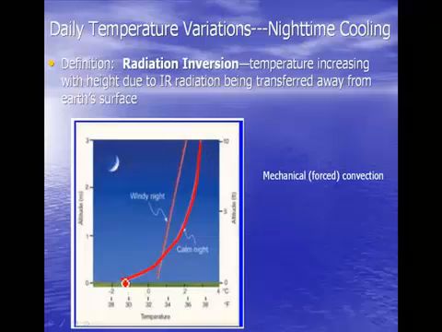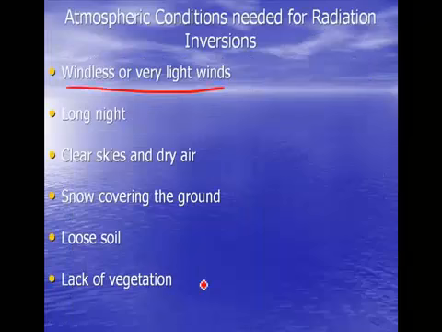Notice the temperature changes here at about 29 degrees Fahrenheit at the surface, up to about 10 feet in the air. It goes to almost 38. There's almost a 10-degree change over 10 feet in a very calm night.